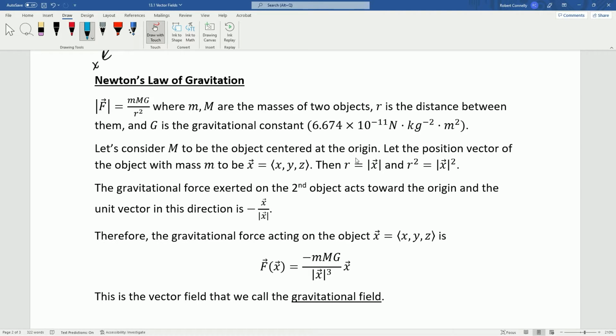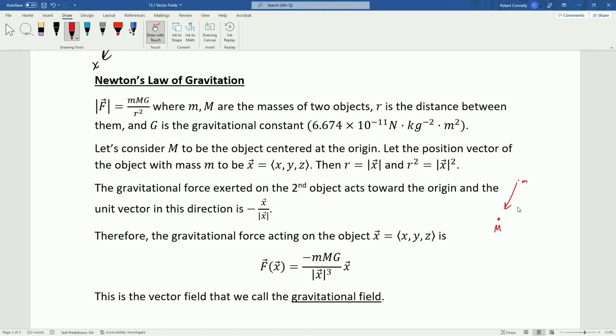Whatever that distance is, it is the magnitude of the vector x that we've positioned for our second object. And therefore, r squared is just the magnitude of that vector squared. The gravitational force exerted on the second object acts towards the origin, right? So we've placed our object M here at the origin, and there's this other little m object. So gravitational force is pulling this way.